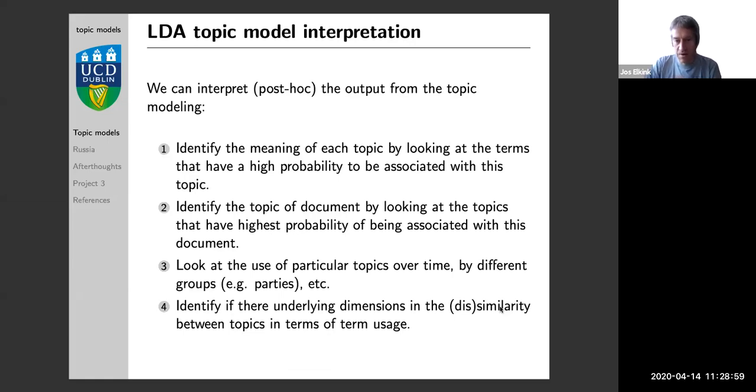You can identify the meaning of a topic by looking at which terms have a high association with it. We can identify the topic of a document by looking at which topics are closely associated with it. And we can maybe look at topics over time or by different groups, and at how there are underlying dimensions in this data, for example in topic usage.